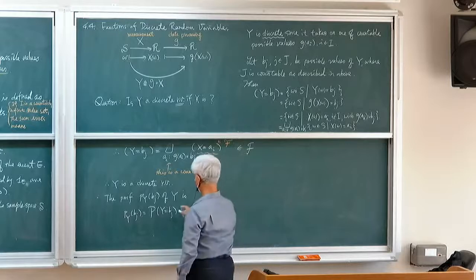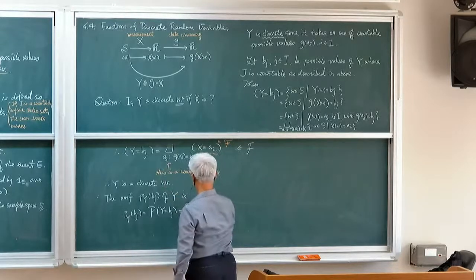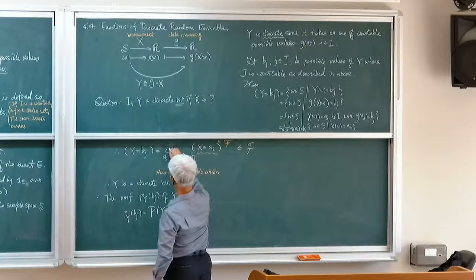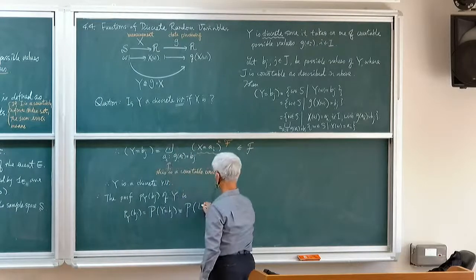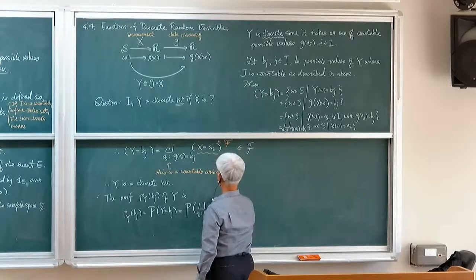And so this is the probability of the union, and we know this is a disjoint union.